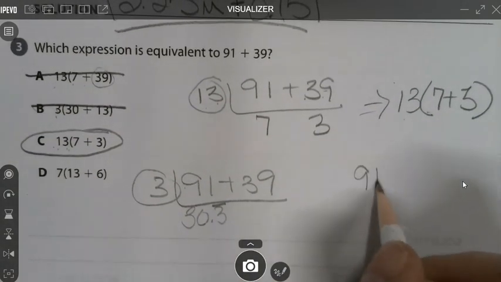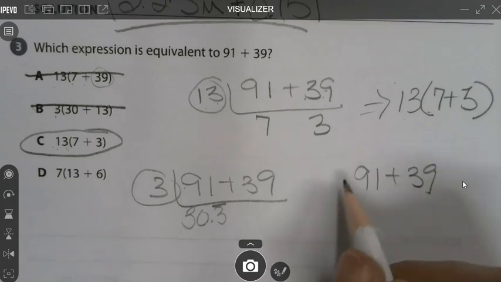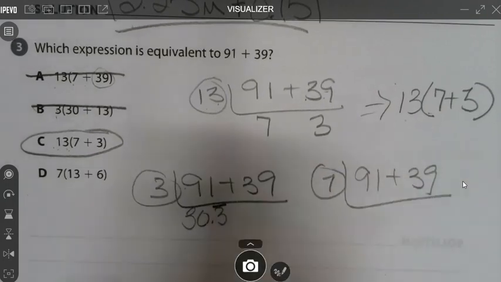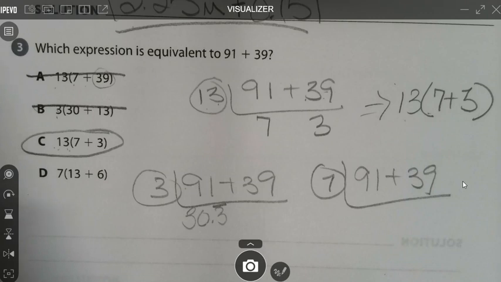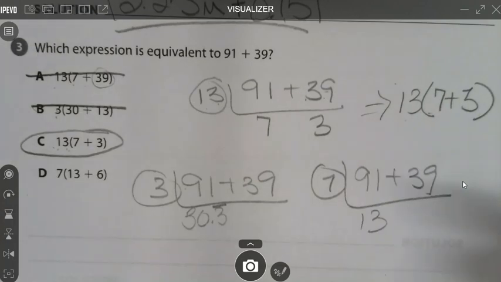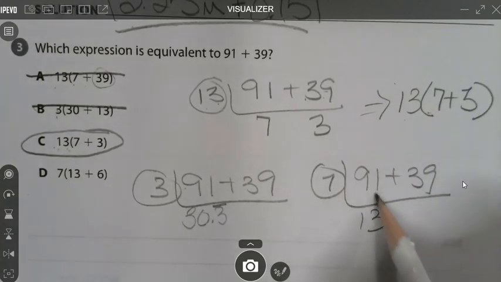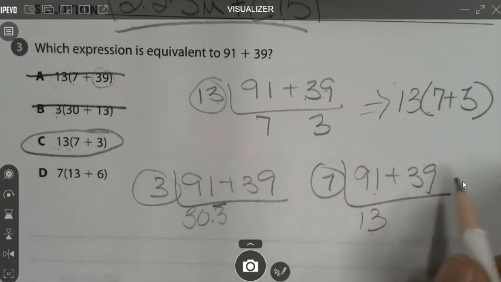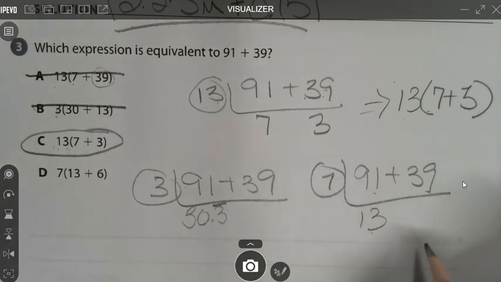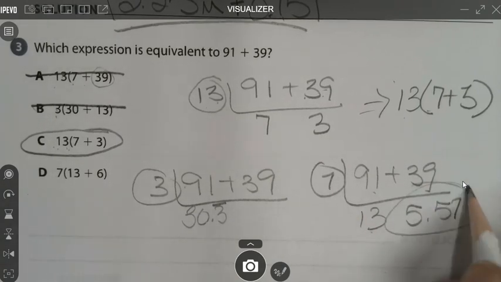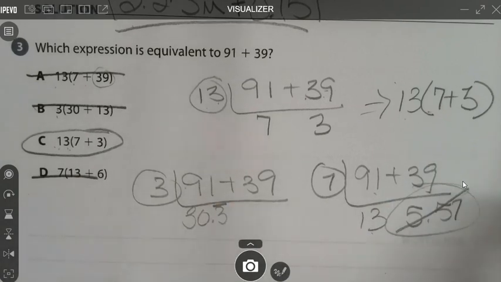And then I could do 91 plus 39 divided by 7. And 91 divided by 7 is going to give me 13. But 39 divided by 7 is going to give me a decimal. So since that is not a whole number, that cannot be true.